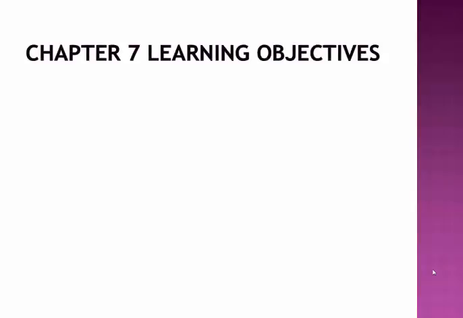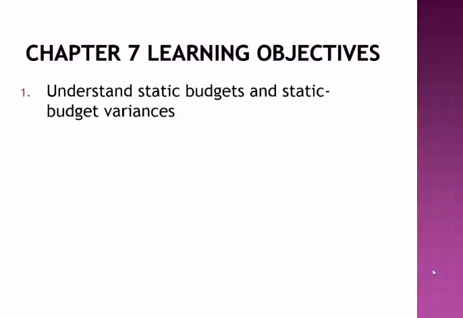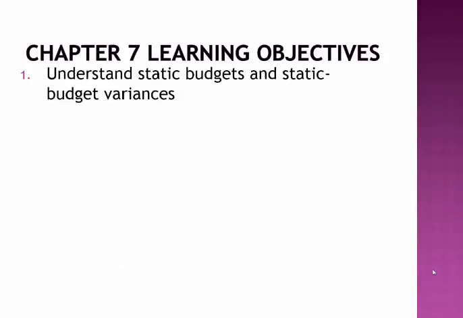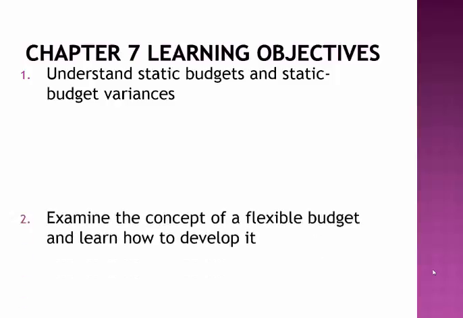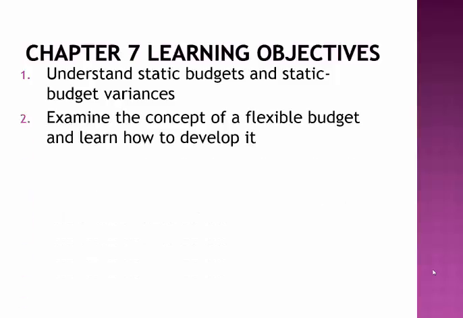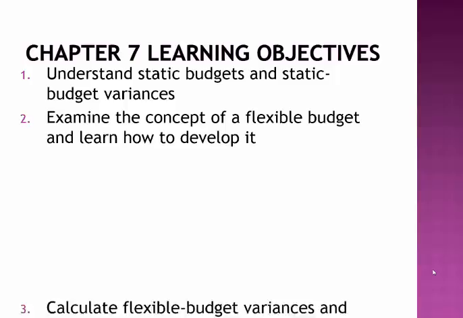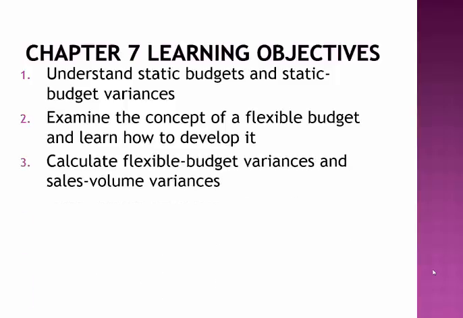So our learning objectives for Chapter 7 are, number 1, to understand static budgets and static budget variances. Number 2, how to examine the concept of a flexible budget and learn how to develop it. Number 3, calculate flexible budget variances and sales volume variances.